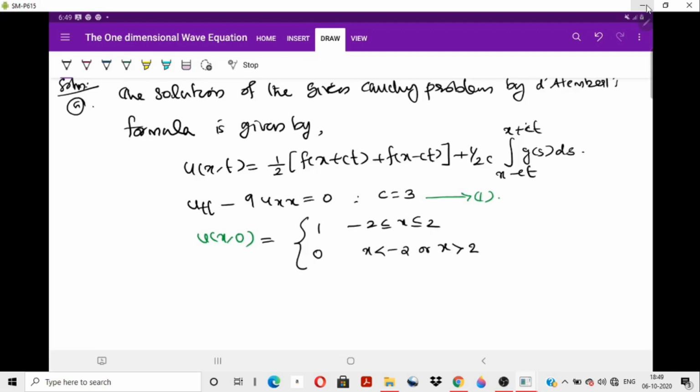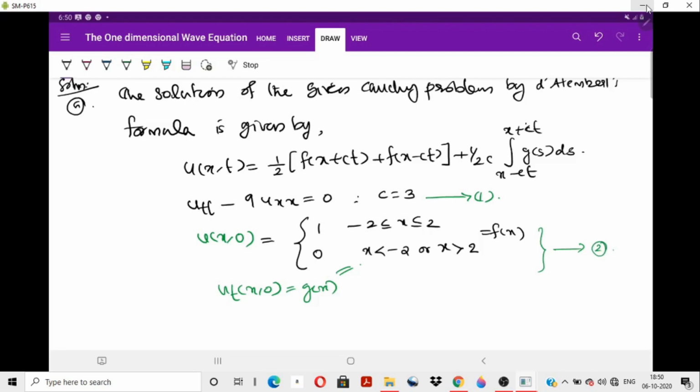This is the function f(x). And u_t(x,0) is g(x), which is also the same function as f(x). Let this be equation number 2.